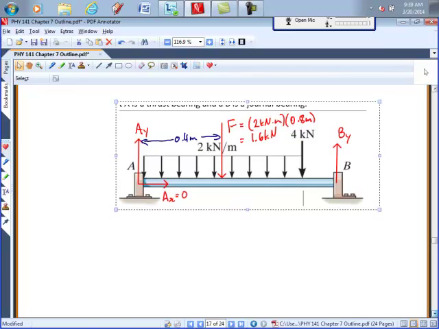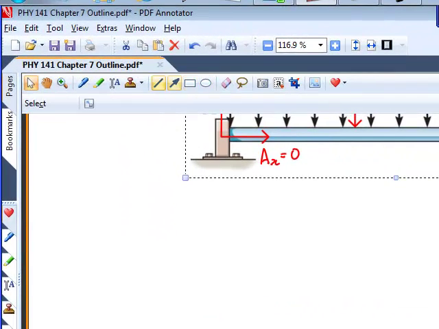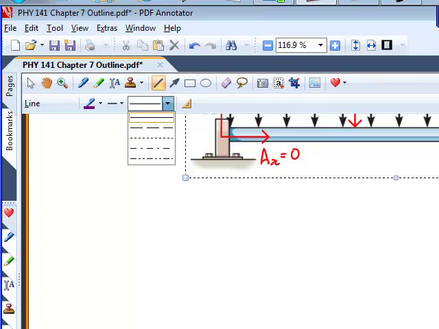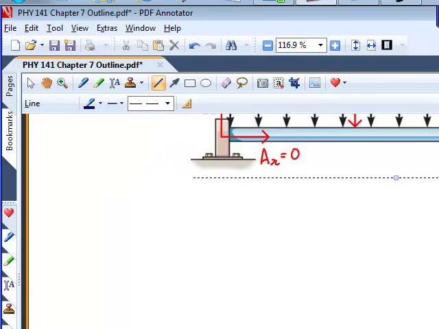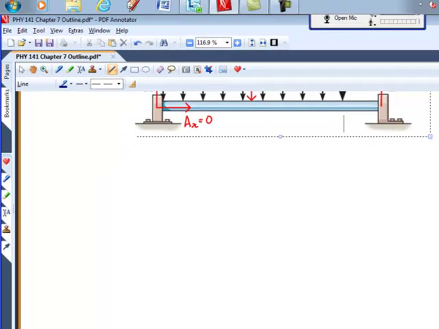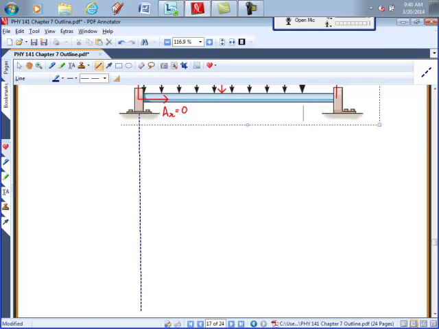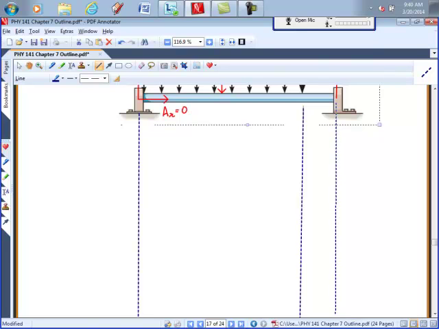Okay, so our shear diagram is going to start at what value? Zero. Okay, it starts at 0 and then immediately jumps in which direction?